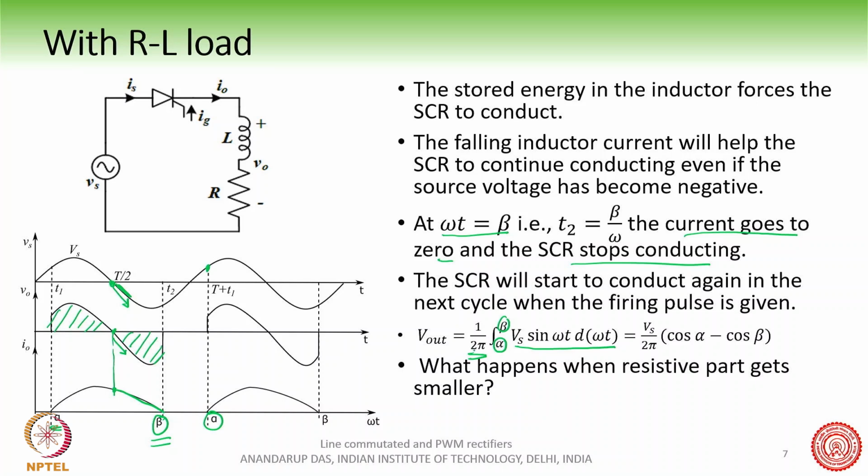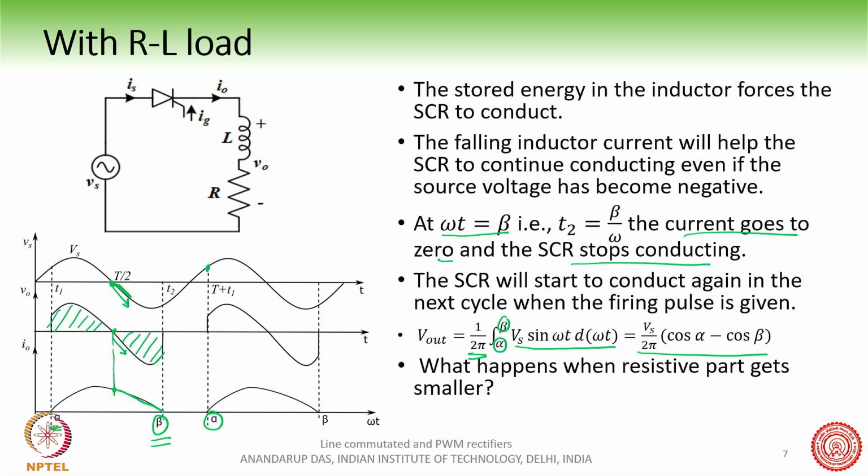When you substitute these values you will get this one. So you can see that the average output voltage depends on both the angles alpha and beta. Alpha is called the firing angle and beta is called the extinction angle. It depends on both of them.